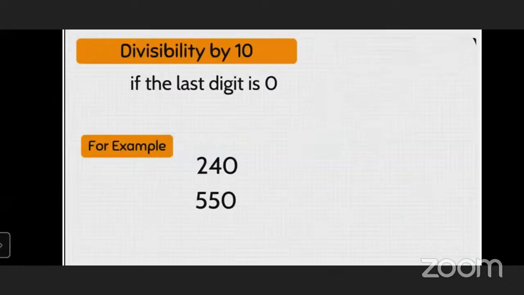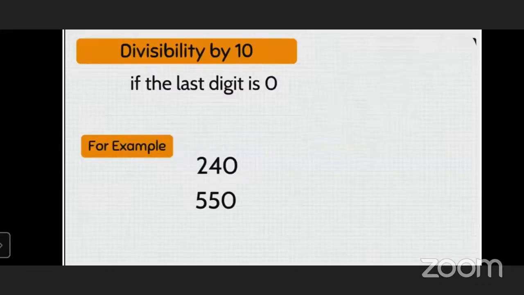I am asking about 450. Yes, it is divisible. 4 plus 5 is 9, and 9 comes in the table of 3, so it is also divisible by 3. And it is divisible by 5 also, because at the unit place there is 0. And it is also divisible by 10 because the unit place is 0. Okay.